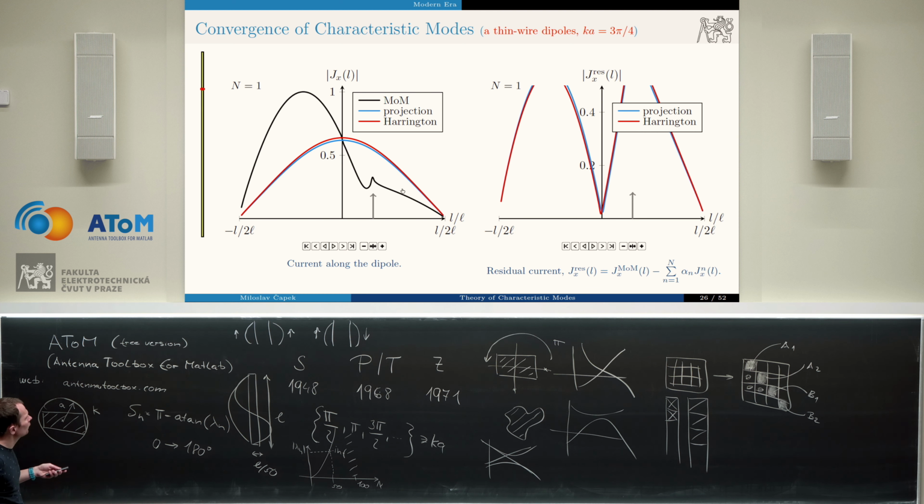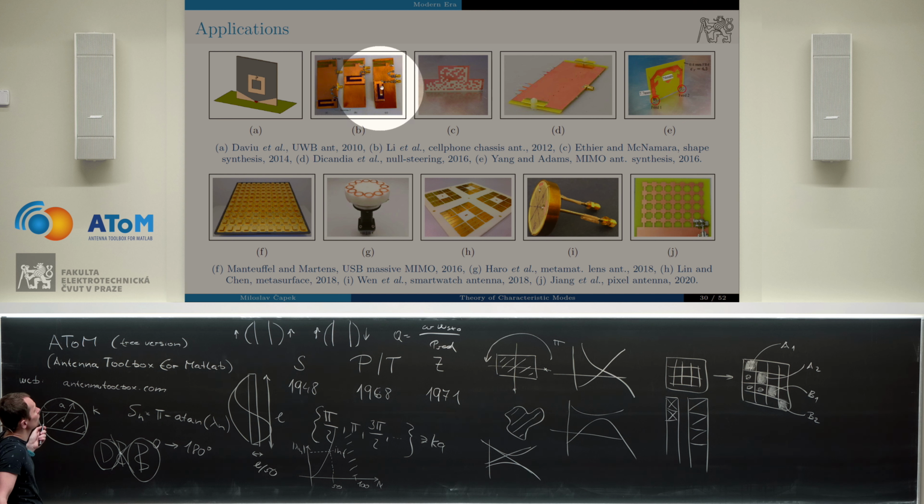So you can see ultra-wideband antennas, mobile chassis, pixelized antennas, multiport antennas, and so on. You can see pixel antennas, once again, metasurfaces, lenses, massive MIMO antennas. And all these designs were designed with the help of the characteristic mode theory. So this is really proving that this theory is very powerful and could be used nowadays. It could be used every day.